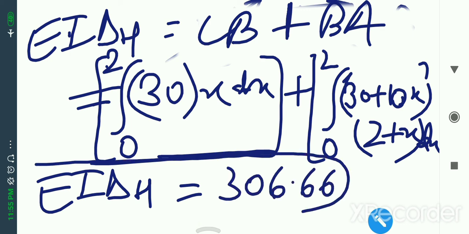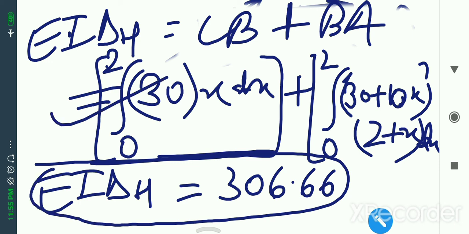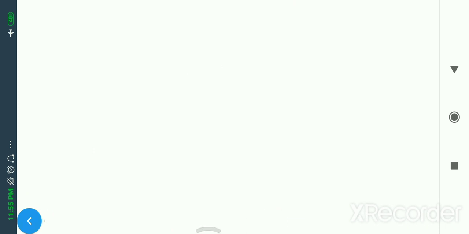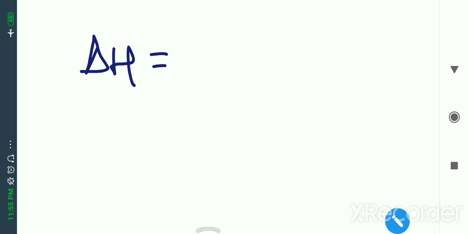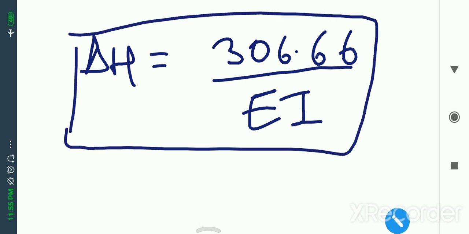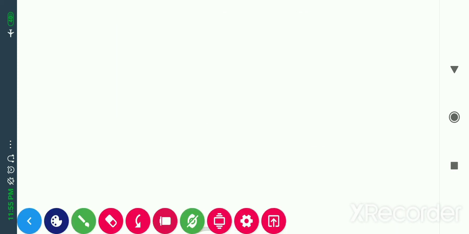This is the value that comes after integrating these terms. So what is the value of delta H? Delta H comes out to be 306.66 by EI. So we have solved the two types of deflections.